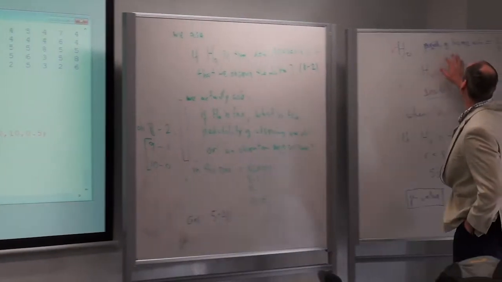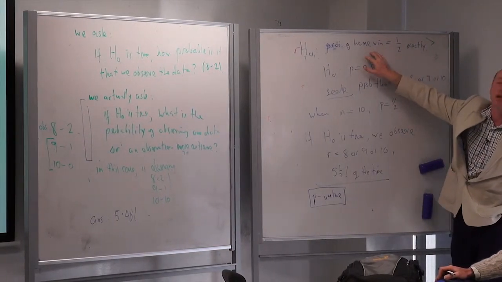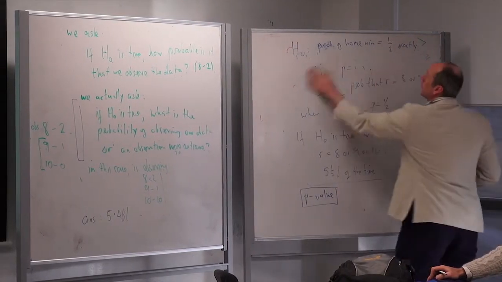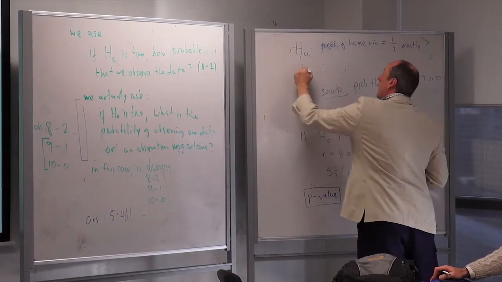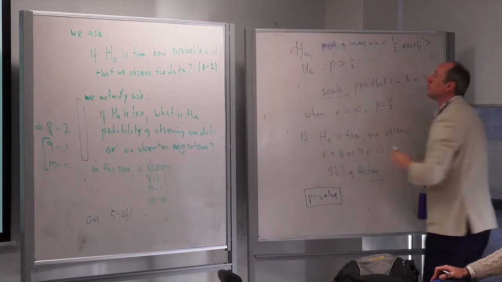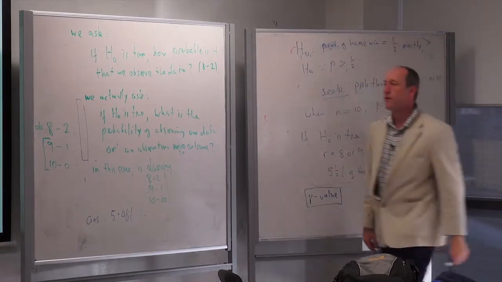See how we're trying to show that the null hypothesis is false? Is there evidence to show that the null hypothesis is false? And if that is the case, and your alternative hypothesis is true, which was, you'll remember, HA, which is that P was strictly greater than 1/2. If the alternative hypothesis is true, that means that there is a home team advantage.